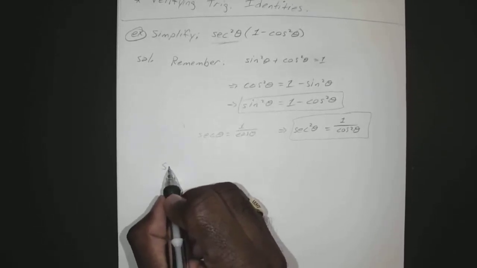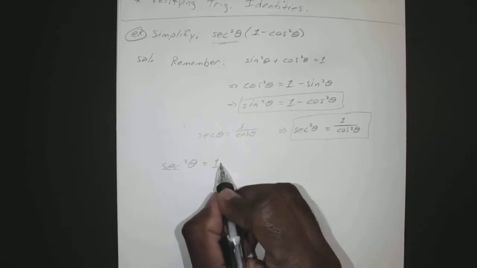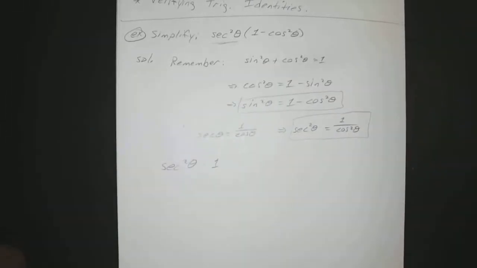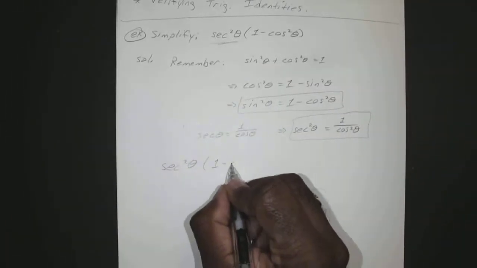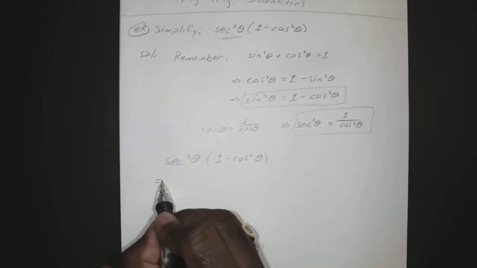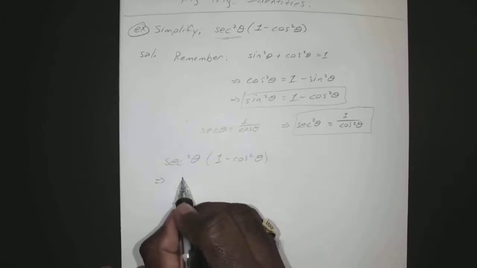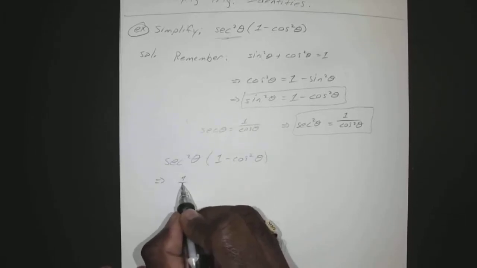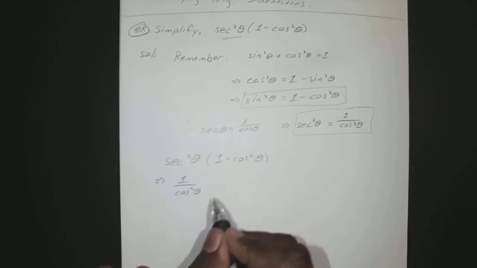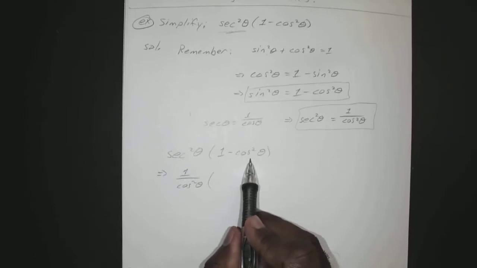So secant squared of theta times 1 minus cosine squared of theta will actually become 1 over cosine squared, since secant squared is 1 over cosine squared, times sine squared, which you can replace for 1 minus cosine squared.